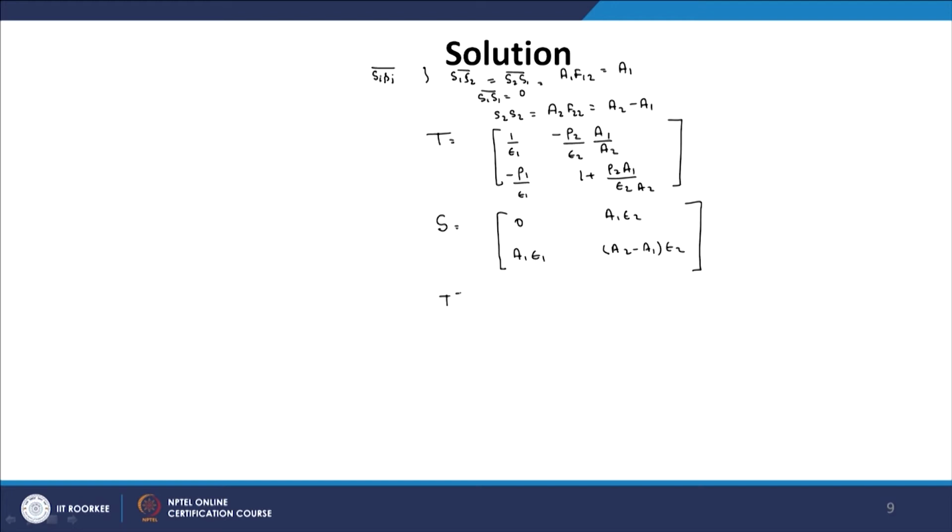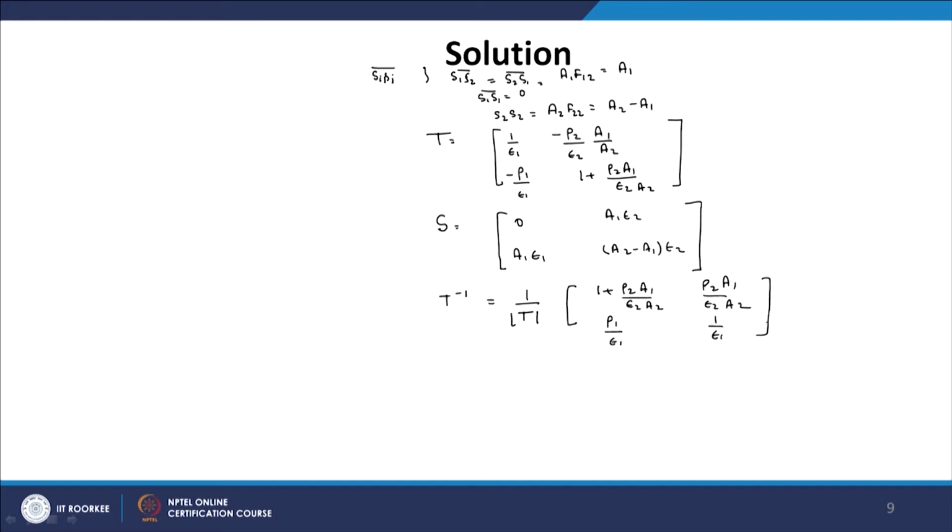First we have to find the inverse. T inverse will be equal to 1 upon the determinant of T, and this will be equal to [1 plus rho 2 A1 epsilon 2 A2, rho 2 A1 epsilon 2 A2; rho 1 by epsilon 1, 1 by epsilon 1].